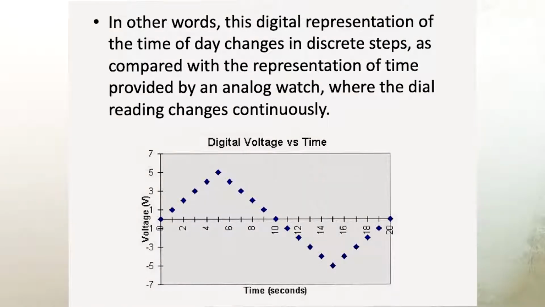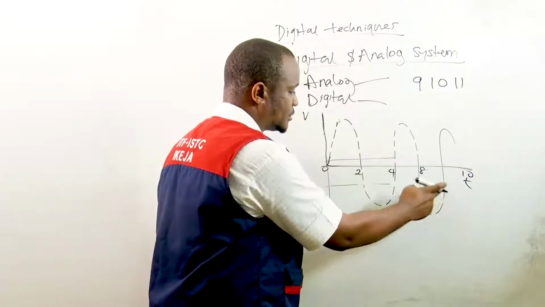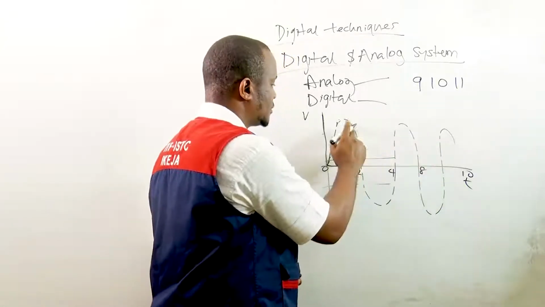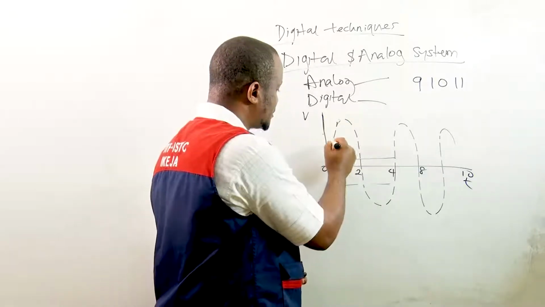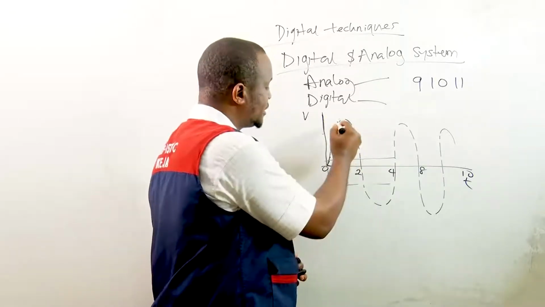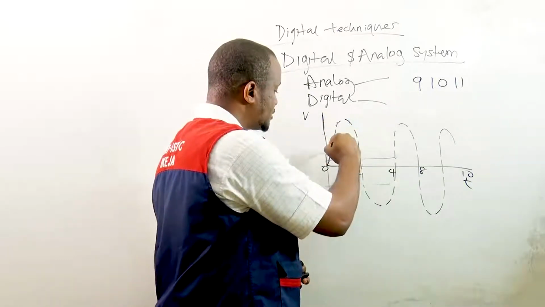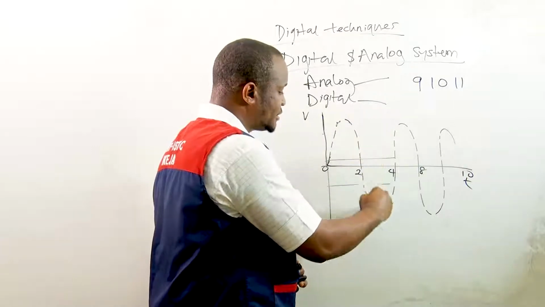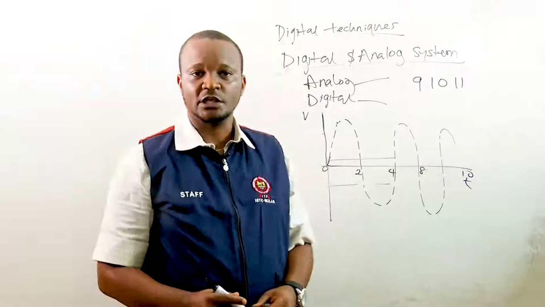So this is the representation in graphical form. It takes some time before you move to the next step, and then to the next step, and then to the next step. Unlike the analog, where it changes for every given second. For every given second, you can observe the change.